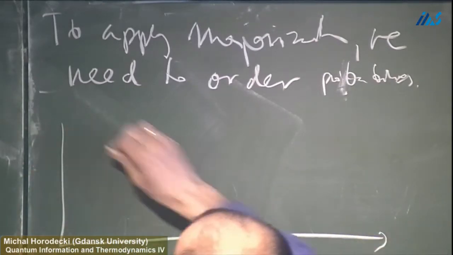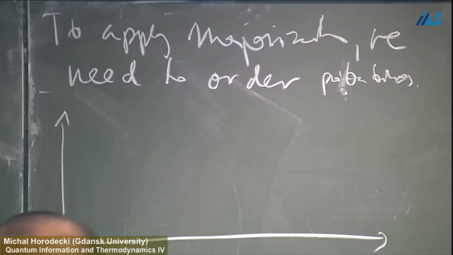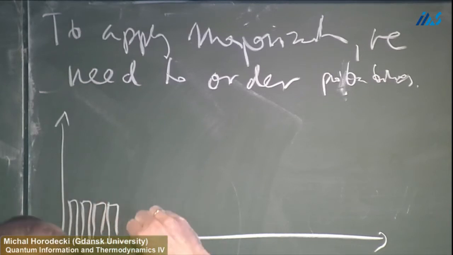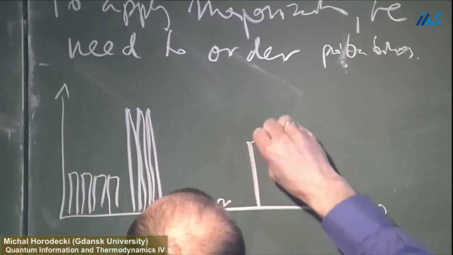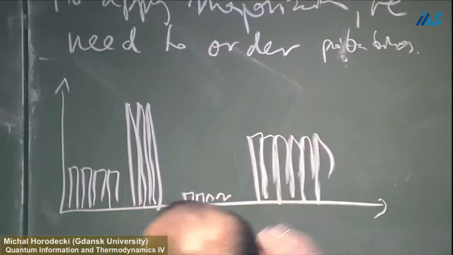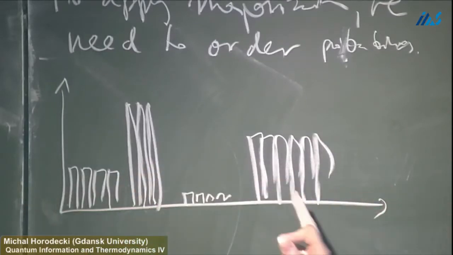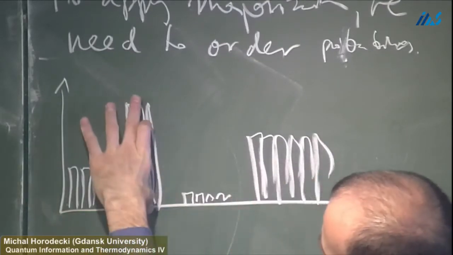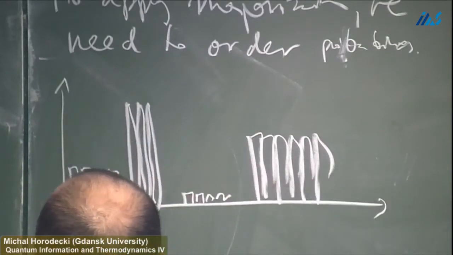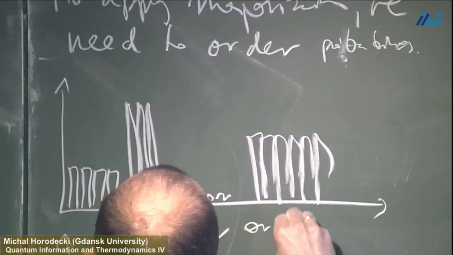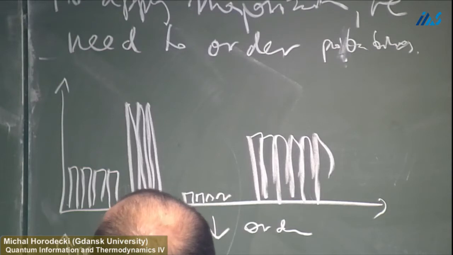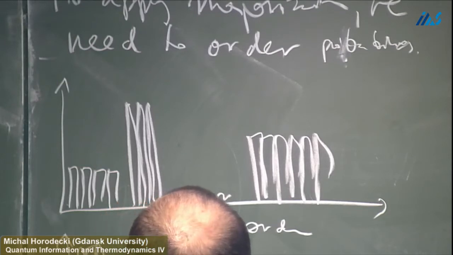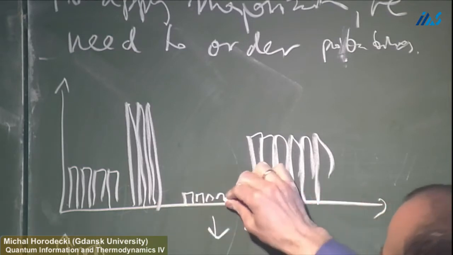If I draw the histogram of these, you may have here a bunch of these first, then you may have these, then you may have such a bunch, and so on. So now ordering is really these clusters. So now that we order, I put this here, and so on. It goes in these bunches. Okay, good.